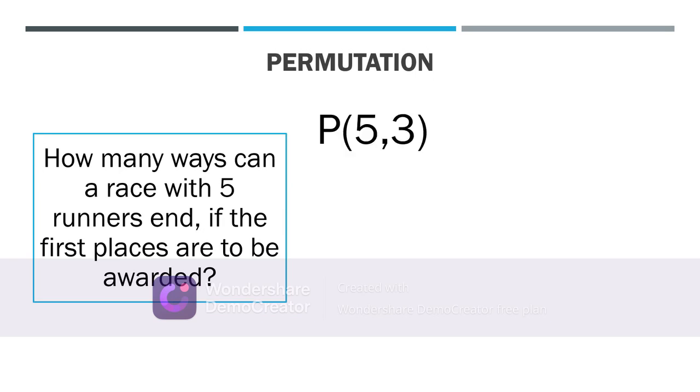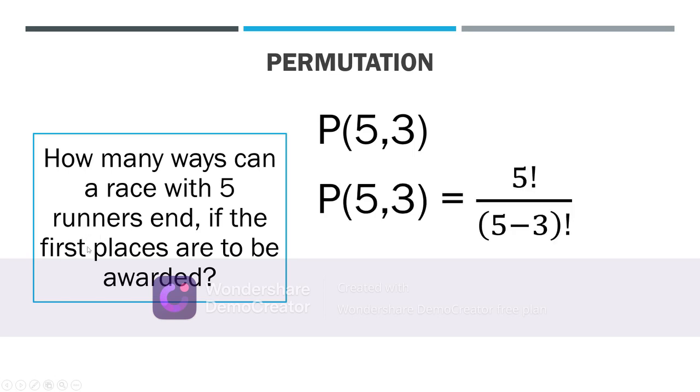Permutation of 5 taken 3 at a time because we are arranging 5 runners, first, second, and third. Okay, error. There should be 3 here, if the first 3 places. So we have permutation of 5 taken 3 at a time is equal to 60. There are 60 possible outcomes for the race.